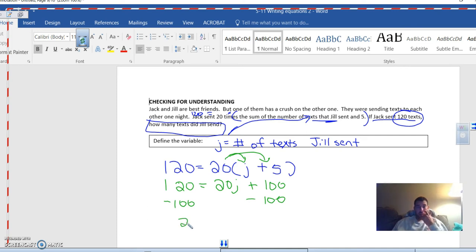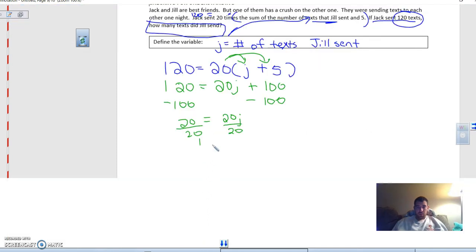We get 20 equals 20J. What does that mean? We divide and get 1 equals J. What's J? The number of texts. So Jill sent 1 text.